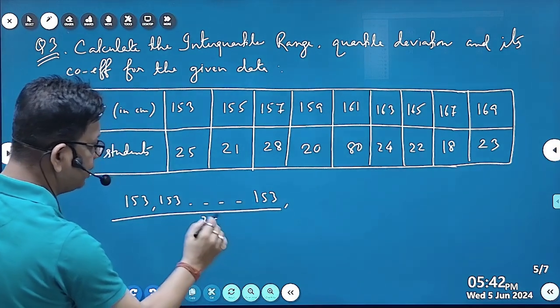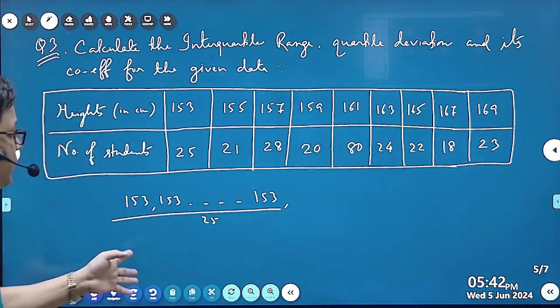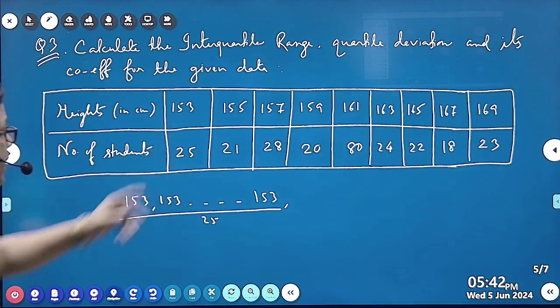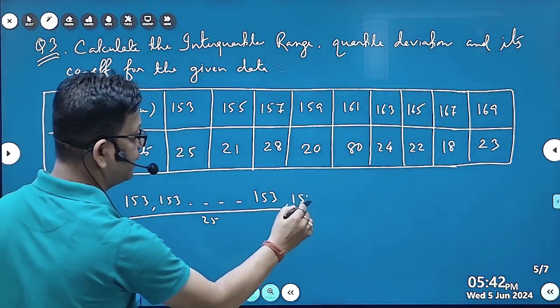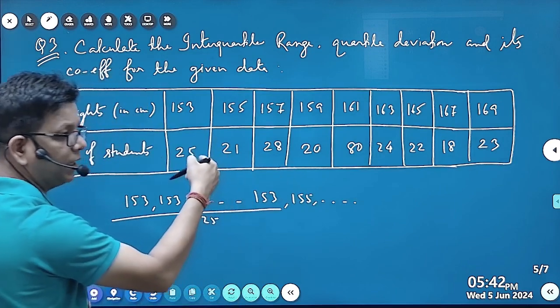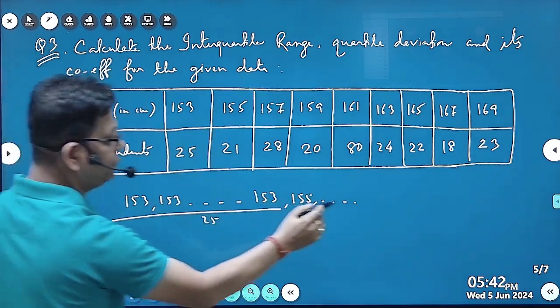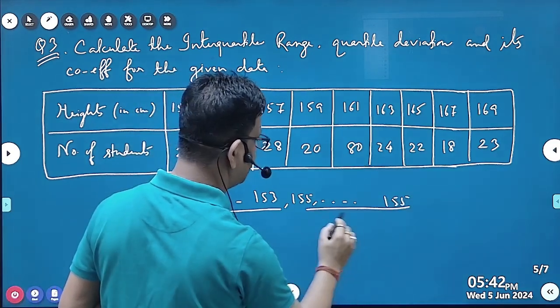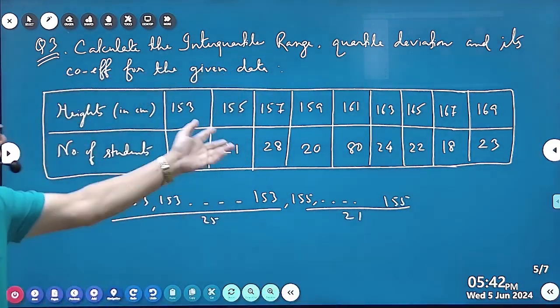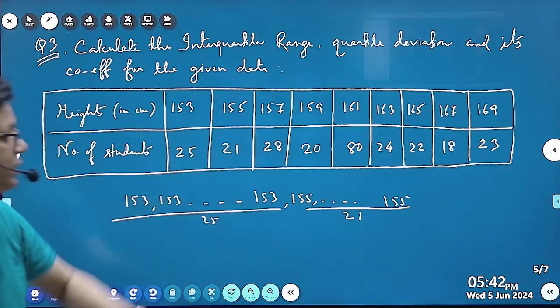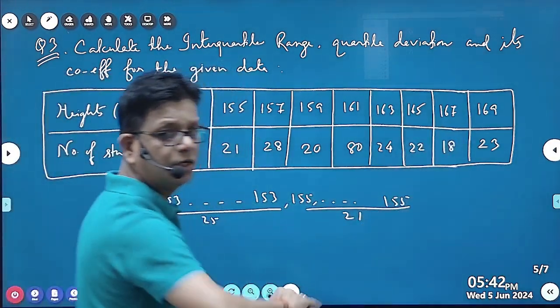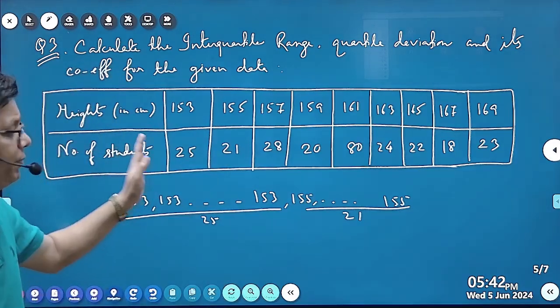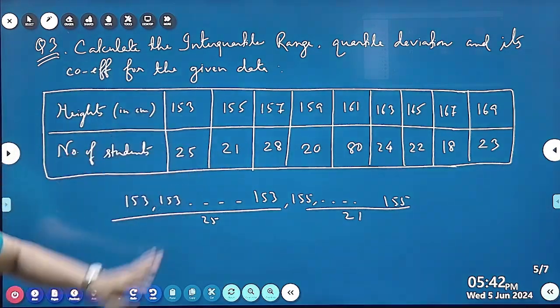Writing it 25 times is difficult, so it is written in tabular form. Then 155 will start. Again 155, how many students have got it? So this 155 will be there 21 times. Getting it? Like the others. Till the last one, 169, 23 times. So it would be a very large data to write. That's why it is given in tabular form.